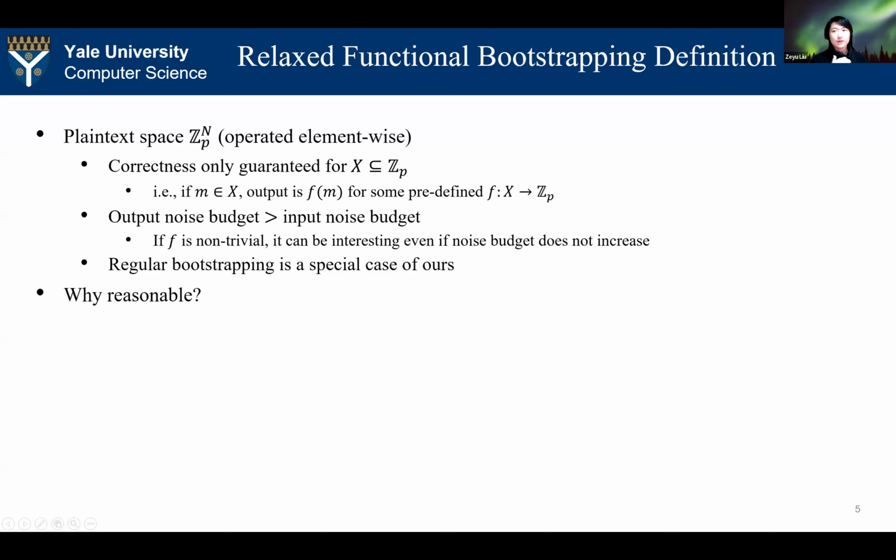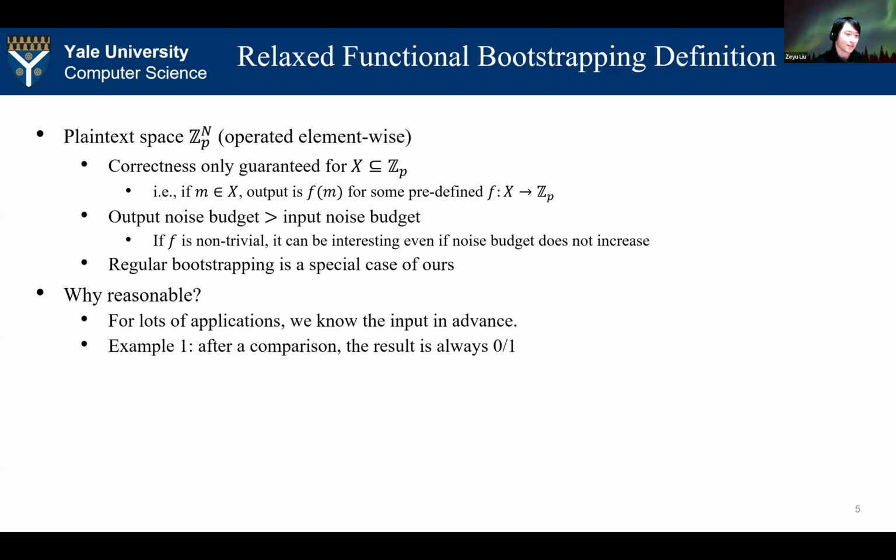Okay, after you hear this definition, you may ask, why is this reasonable? Why do we only need to guarantee correctness for a subset instead of the entire plaintext space? Well, we believe that for lots of applications, we know the input to the bootstrapping circuit in advance. What do I mean by that? Let me first give an example. If you have a comparison circuit, after you get a result, you would like to bootstrap this result.